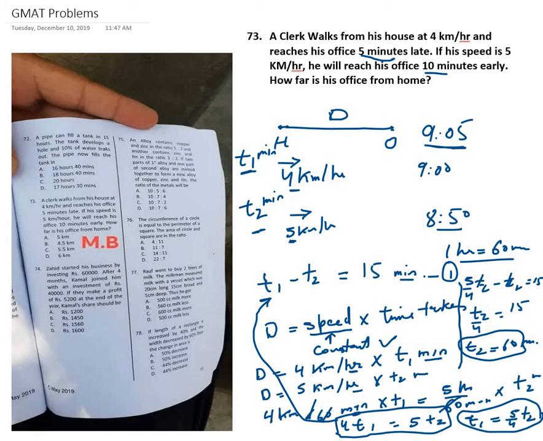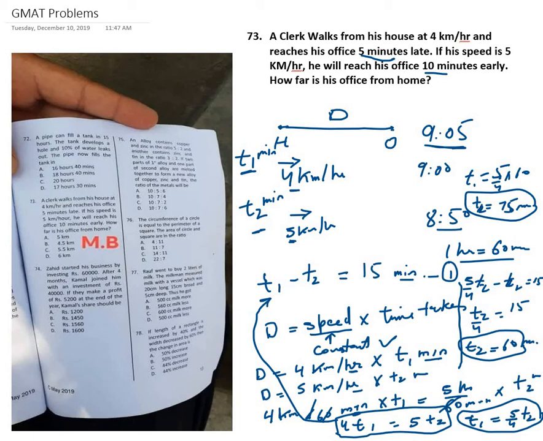So T2 is 60 minutes, and T1 is 5 by 4 of T2, so 5 by 4 of 60, which is 75 minutes.